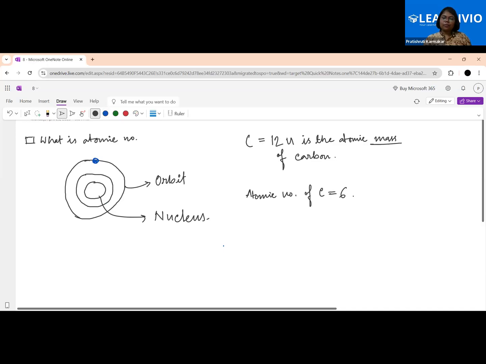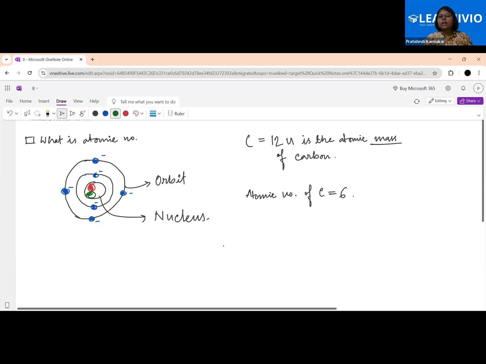Two in the first shell, and then four in the outer shell. Right. And these are electrons, so we have to add negative charges. And in the nucleus, we will have protons and neutrons.